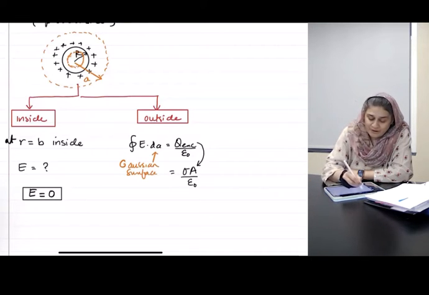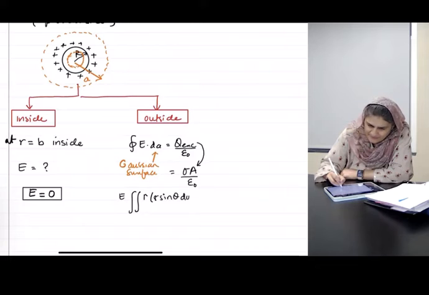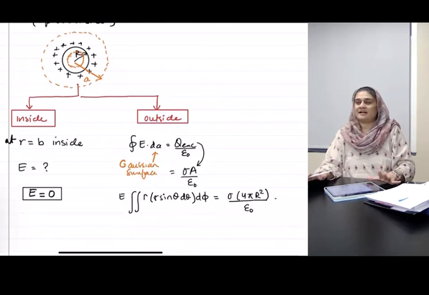So how will I draw the left-hand side? E r sine theta d theta d phi equals sigma 4 pi R squared divided by epsilon naught. Just pause for a second.